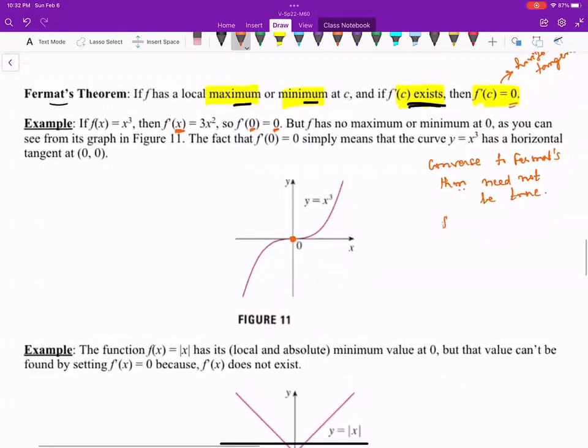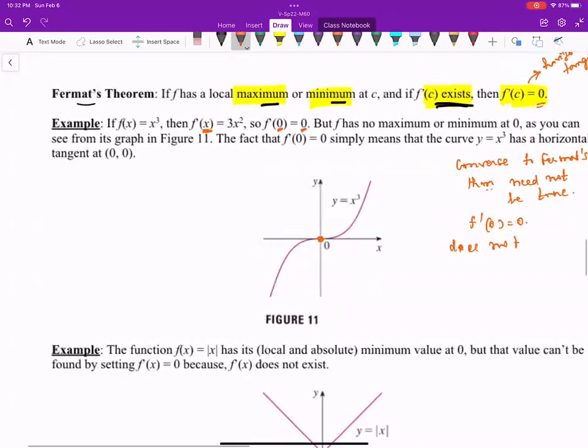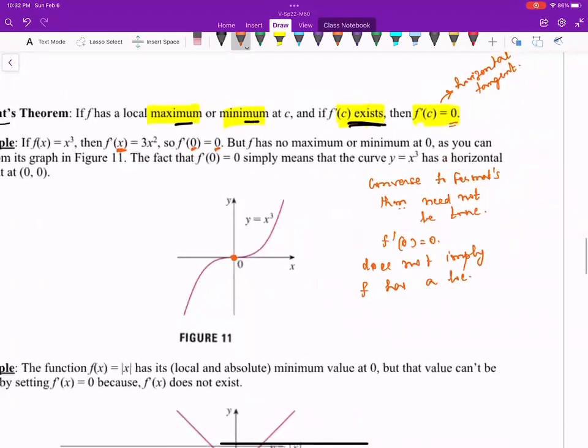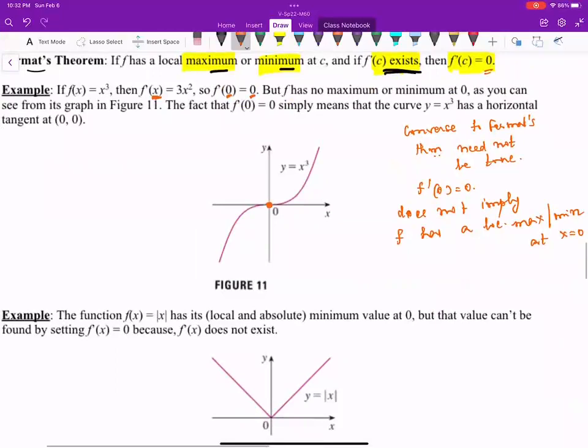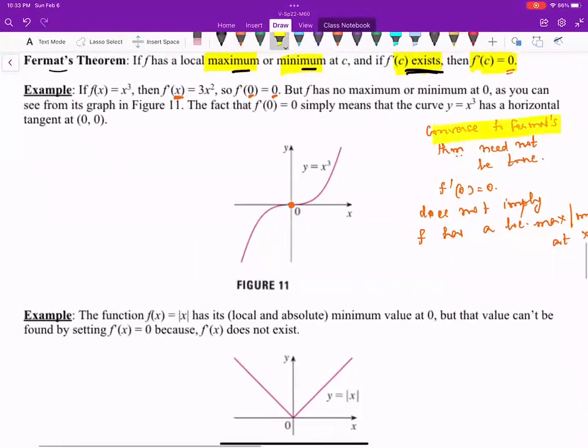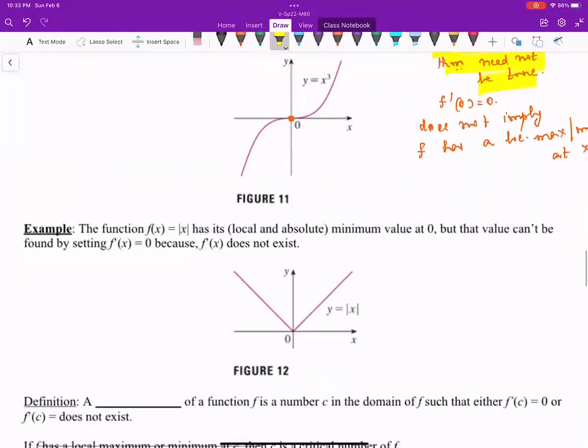So here, f prime of 0 equal to 0 does not imply f has a local max or local min at x equal to 0. Mainly we say the converse to Fermat's theorem need not necessarily be true.